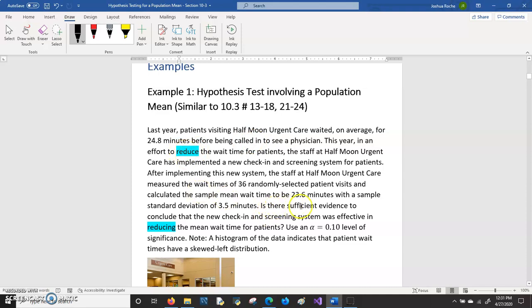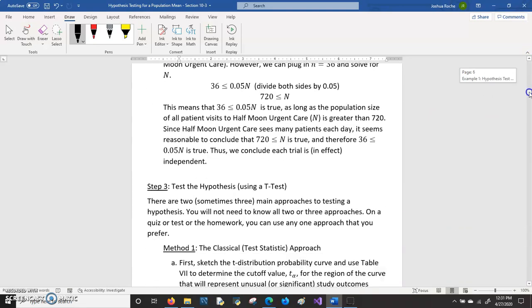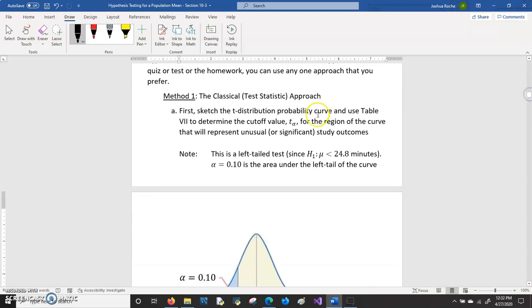And in particular, they wanted to know, is this new check-in system effective in reducing the mean wait time? So that word reduce, it is similar to decrease, and decreasing implies less than. So the alternative hypothesis is less than. This is a left-tail test.